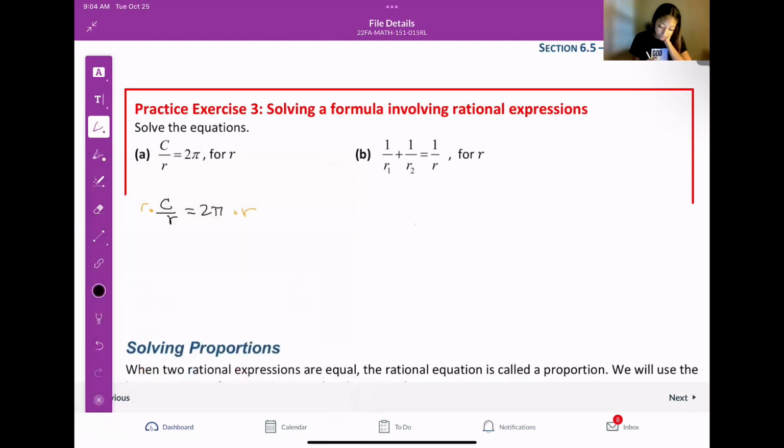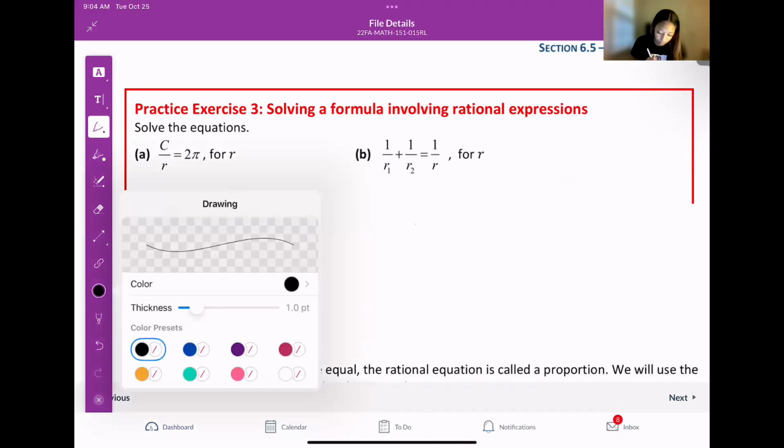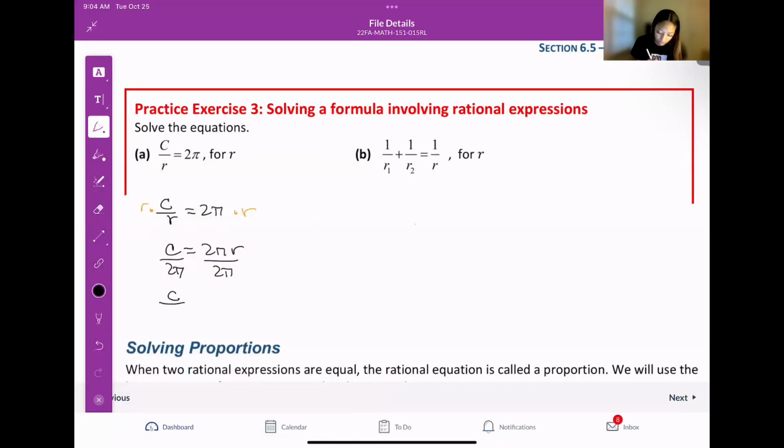And that'll give us c is equal to 2 times pi times r. And then our last step, we want to solve for r, so we want to get r by itself. We can then divide both sides by 2 pi. So we have c over 2 pi is equal to r. And that's it. We can stop here.